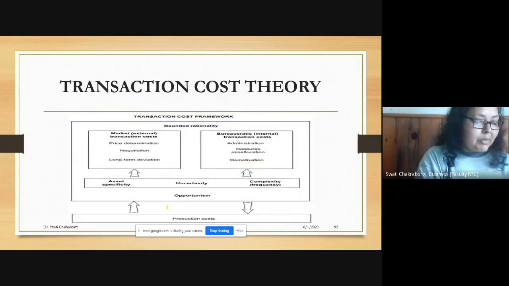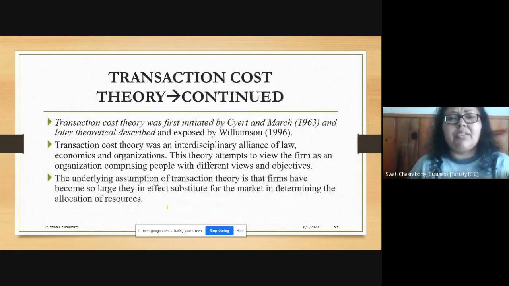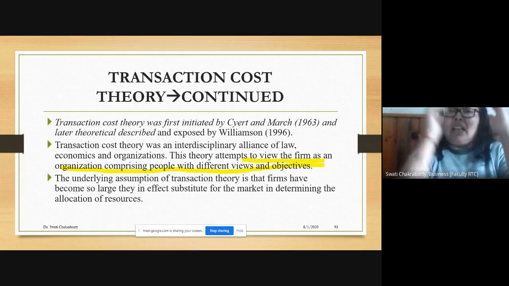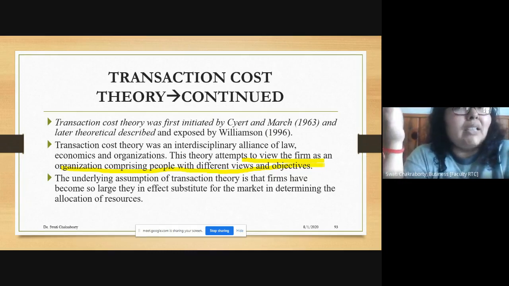Okay, next comes transaction cost theory. It views the firm as an organization comprising people with different views and objectives, right? This is a little different from the other theories.